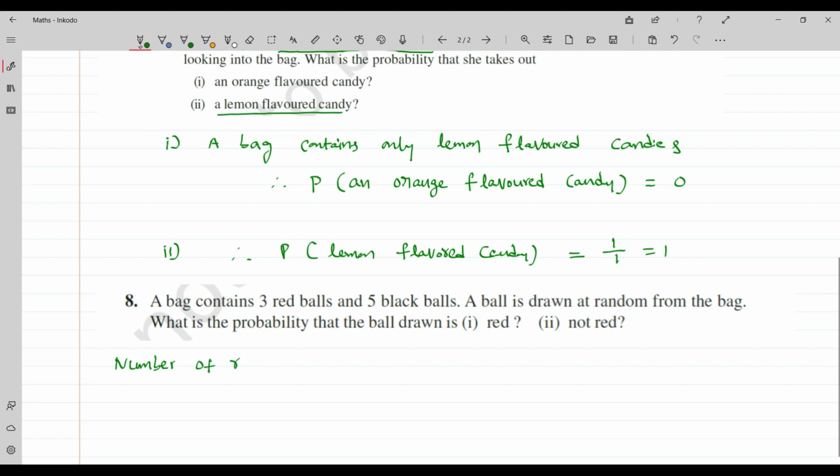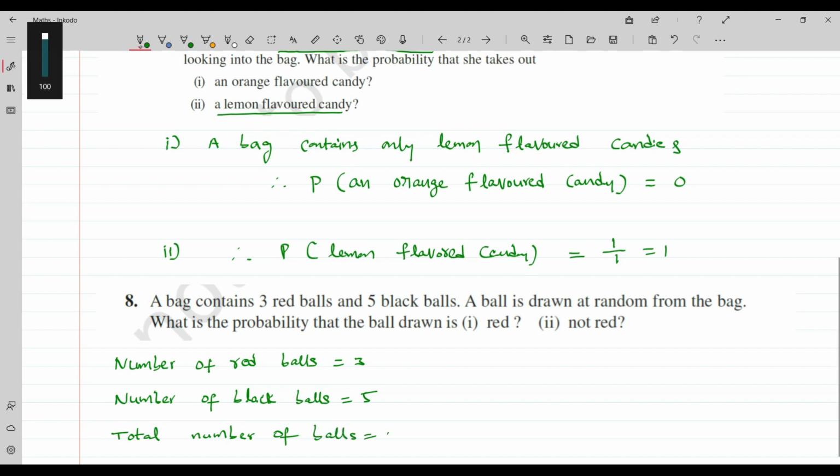Number of red balls equals 3 and given number of black balls is equal to 5. Total number of balls in the bag equals 3 plus 5, that is equal to 8.